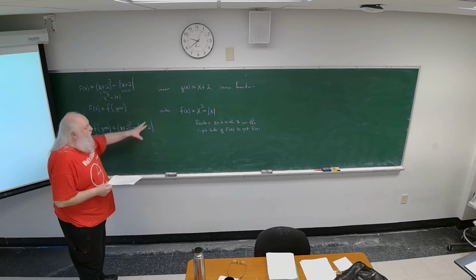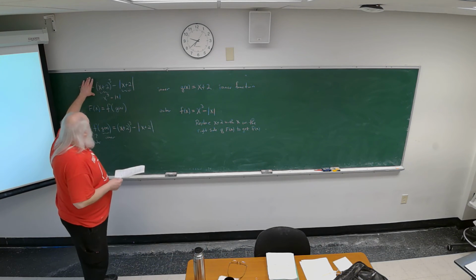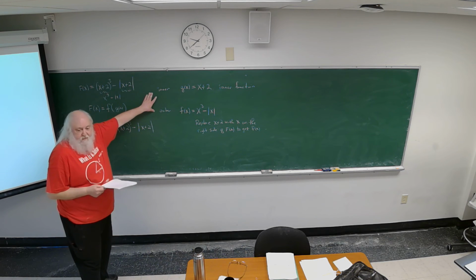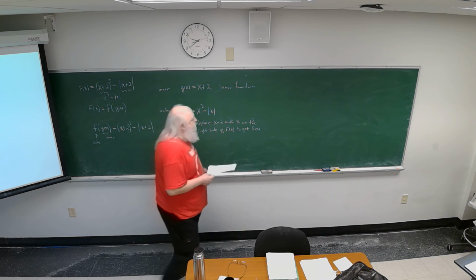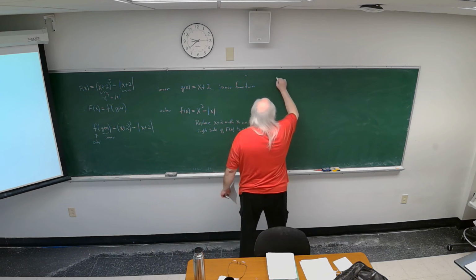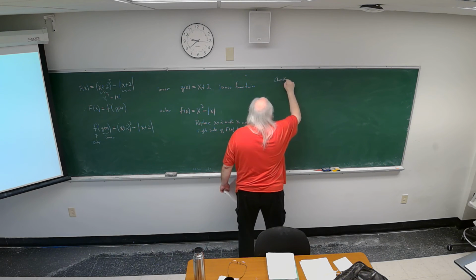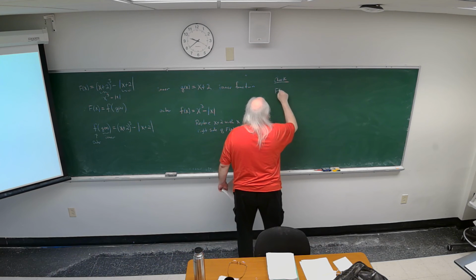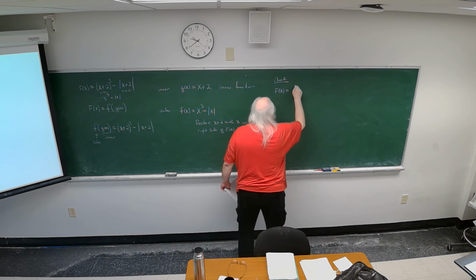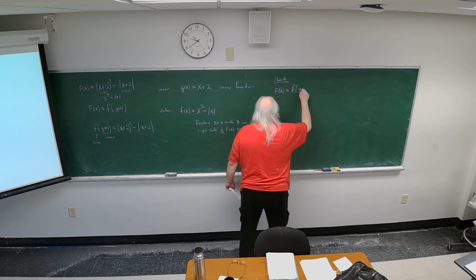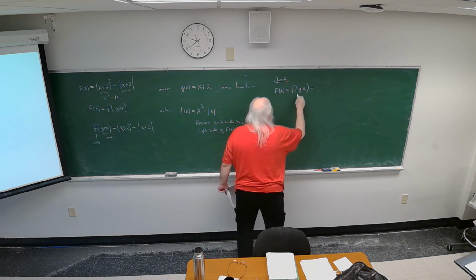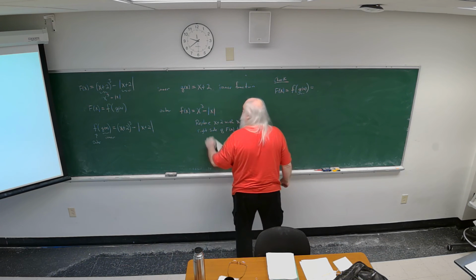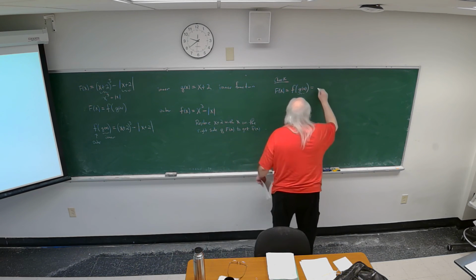Now, how do I know I decomposed this big function into two smaller functions? I do a check. Big F of x has to equal the composite of little f with little g, f of g of x. g of x is equal to x plus 2.